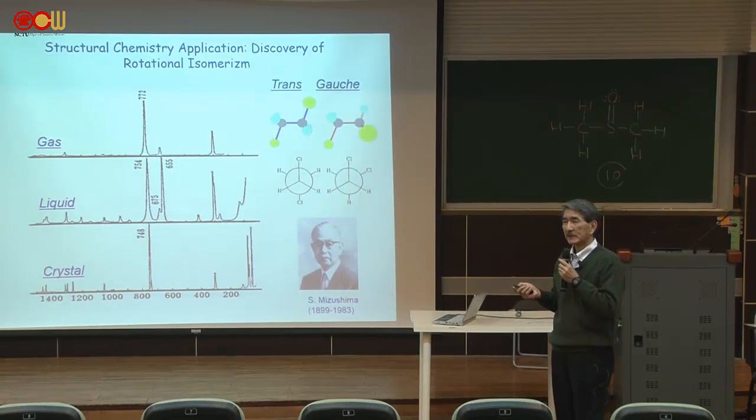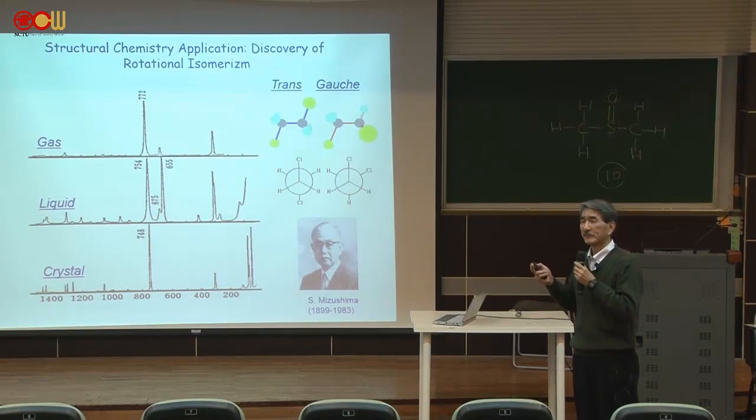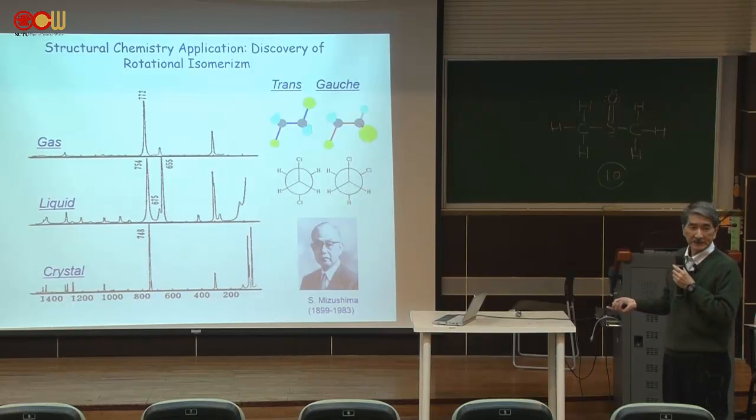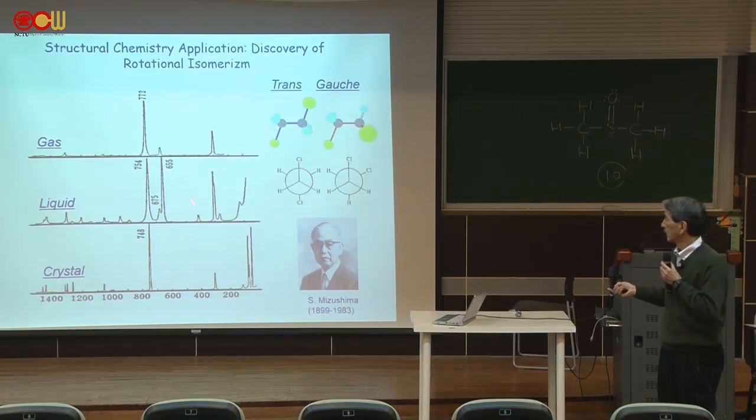And he found that the sample was frozen because he had cooled the sample too much. But he found that the spectrum of the crystalline 1,2-dichloroethane was missing one band. Okay? All the other bands are there, but this band was missing. So why was this band missing?